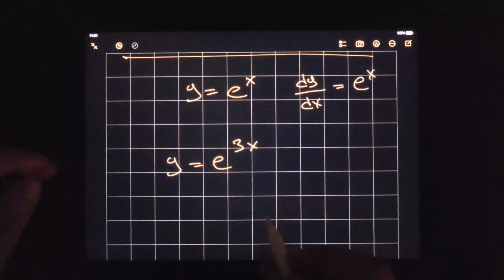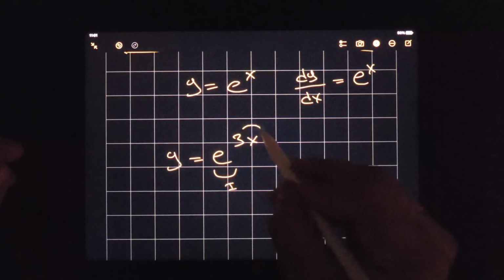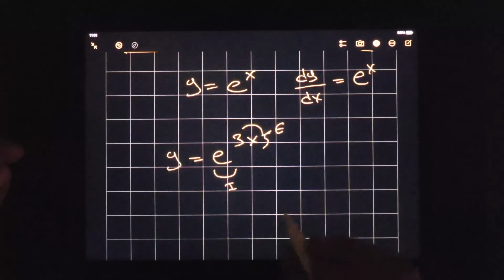In our last video we did derivatives of composite functions where we used the chain rule, in which this would be our internal function, and that would be our external function.